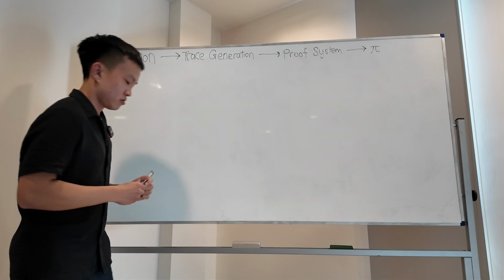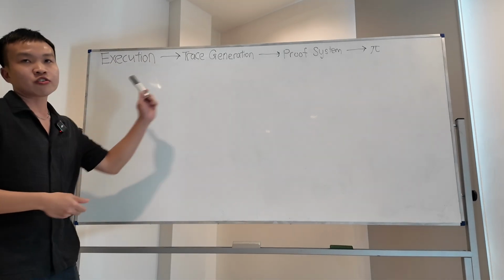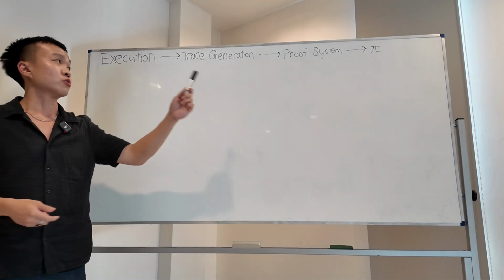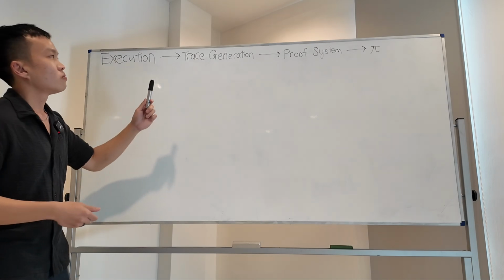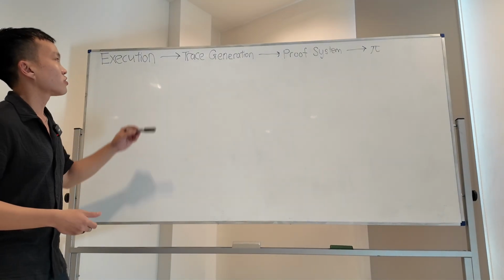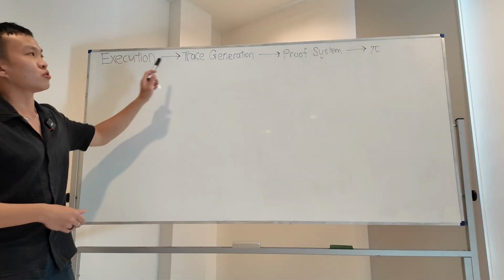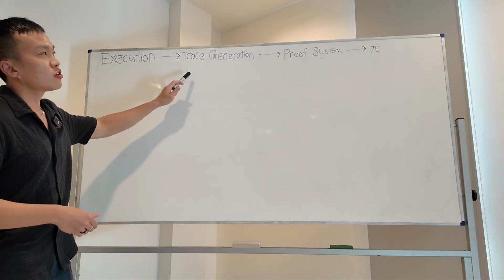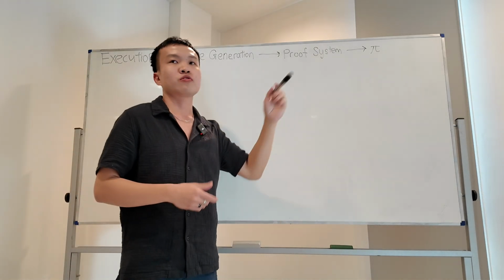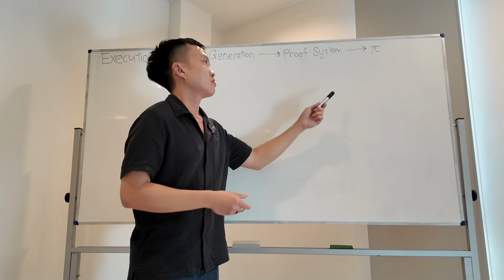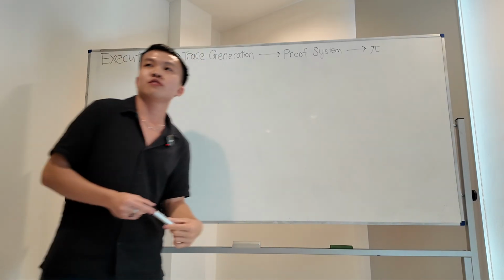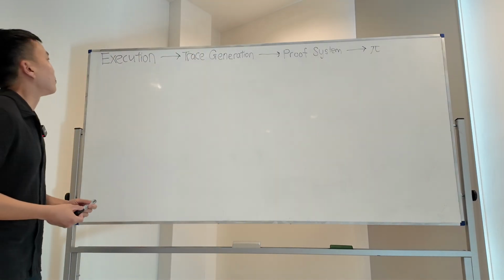This is the order of things I'm going to talk about. Basically, you have a program that gets executed and some trace is produced, and the trace is fed into a proof system which outputs a proof.